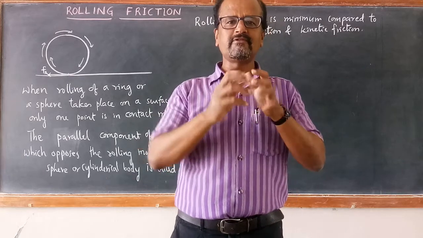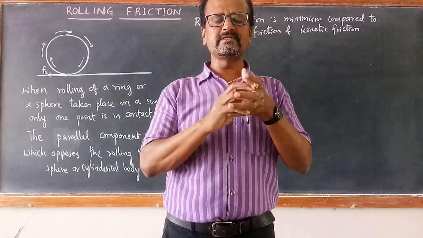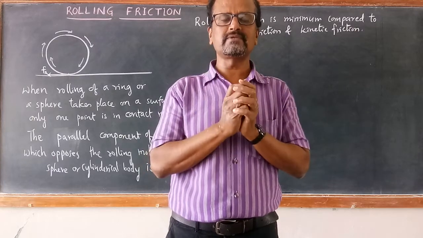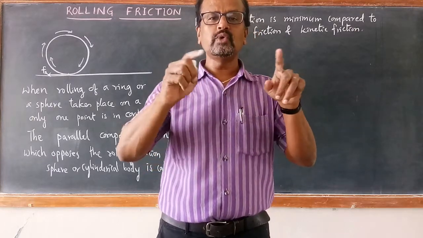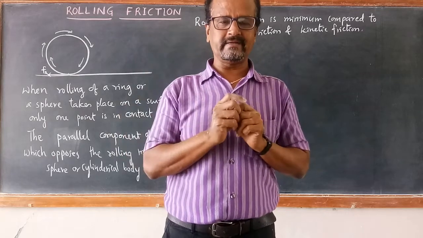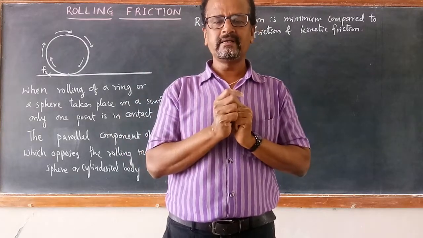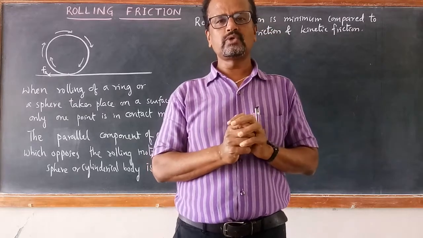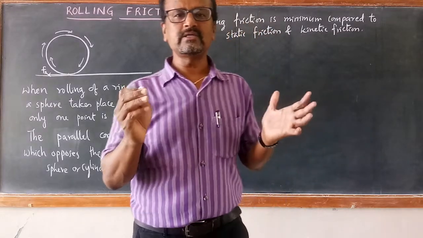As a result, there will be a lot of kinetic friction among themselves. As a result, it leads to maximum wear and tear. So in such cases, friction is to be reduced. So what are the ways to reduce friction?